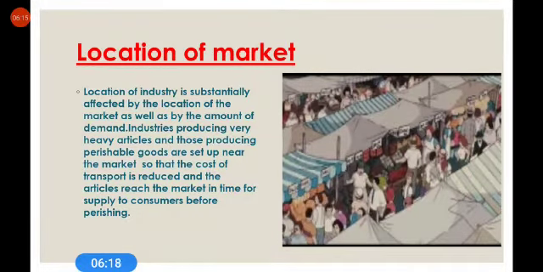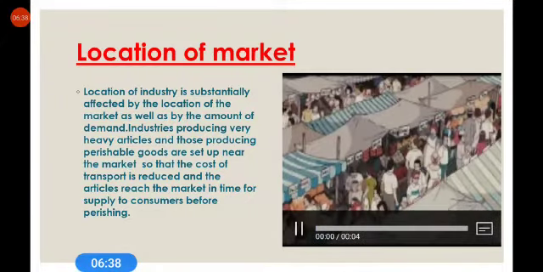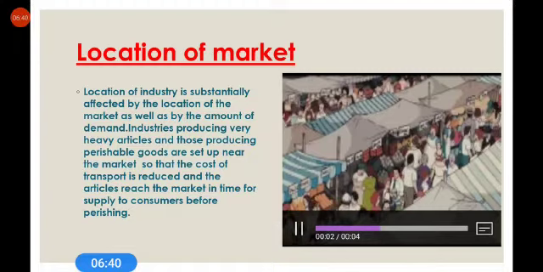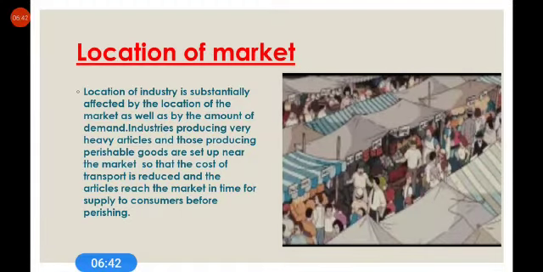Perishable goods are those likely to spoil or decay or become unsafe to consume if not kept refrigerated, like dairy products, fish, meat, and so on. Clear? Such industries are set up near the market so that the cost of transport is reduced and the articles reach the market in time for supply to consumers before perishing.